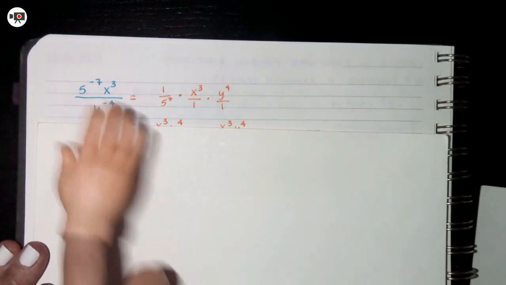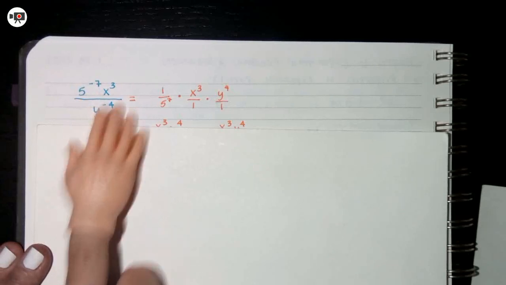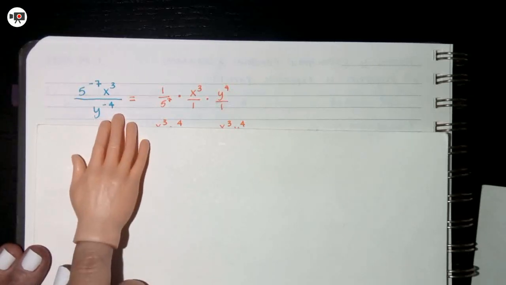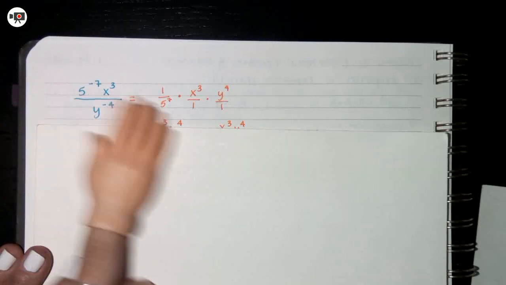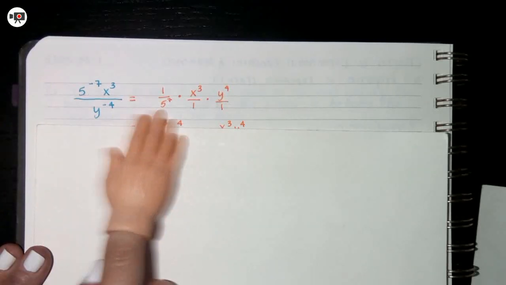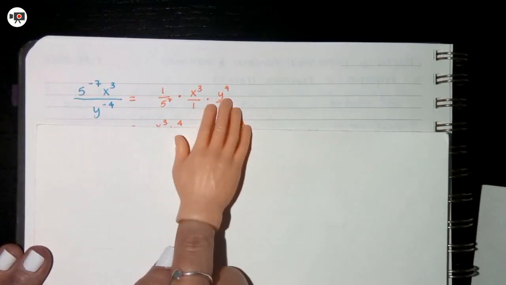Let's look at just a couple more. If I have 5 to the negative 7th power, x to the 3rd over y to the negative 4th, this 5 to the negative 7th is going to move to the denominator, and the y to the negative 4th will move to the numerator.